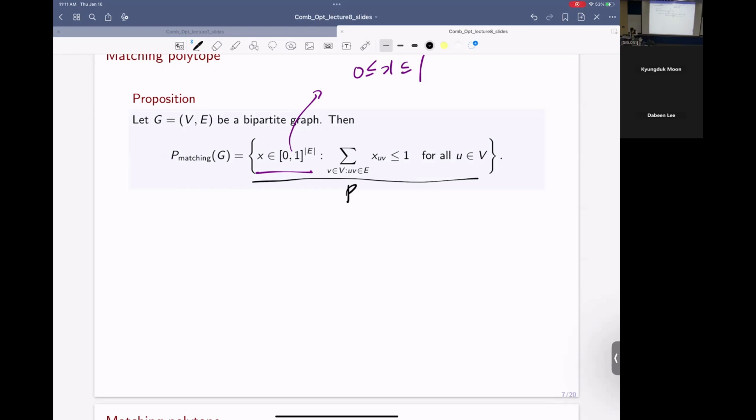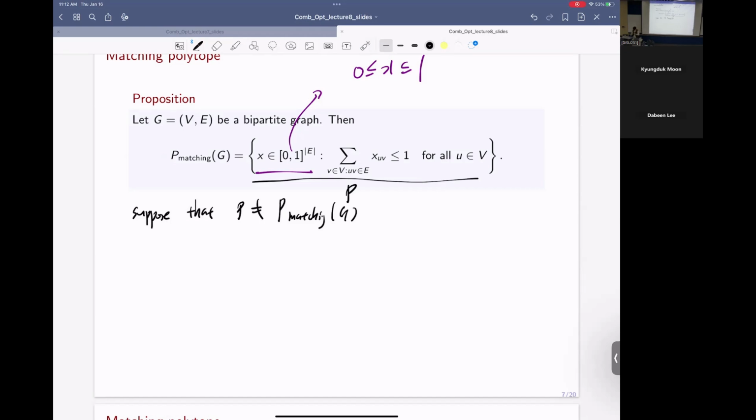So suppose that P is not equal to the matching polytope. But we know that the matching polytope has to be contained in P, because the incidence vector of a matching satisfies these linear inequalities. So the matching polytope itself is a subset of the right-hand side.